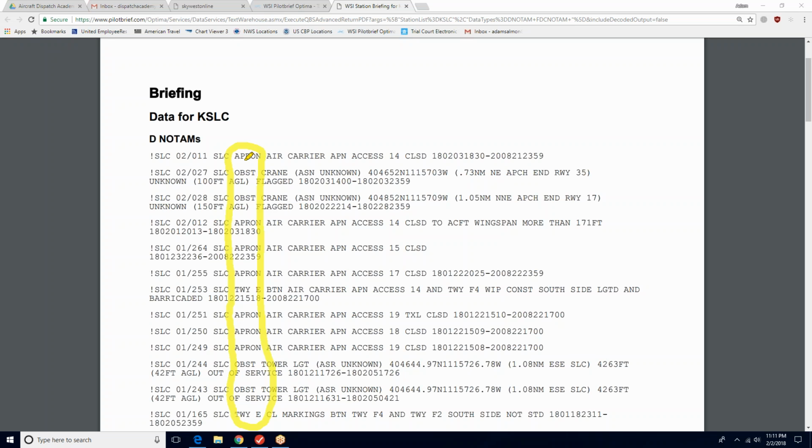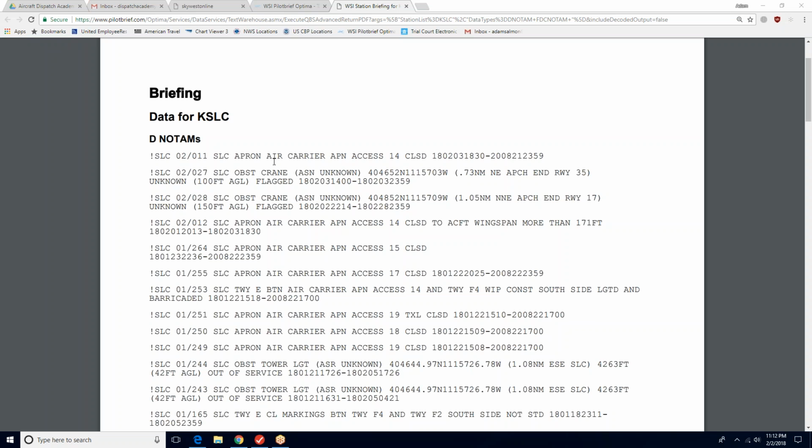So, apron. This means obstruction. Obstruction, apron, taxiway, apron, obstruction, obstacle. Anyway, okay, let's keep going down. So far, I don't see anything.